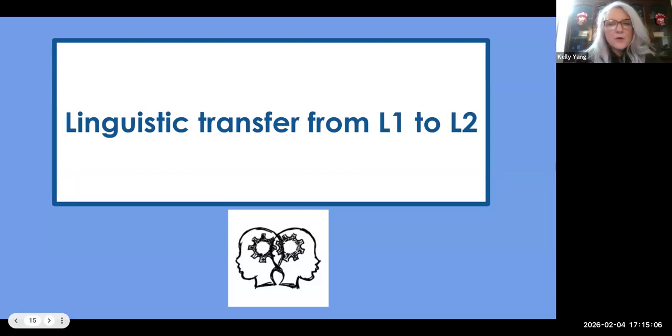Yes. So when we're talking about, I'm preaching to the choir, you are all ESL and bilingual people. And so we know that this concept of linguistic transfer is important. And whenever we can leverage positive linguistic transfer, we know that it's going to just aid students in their learning. It's just going to make their learning more rapid.